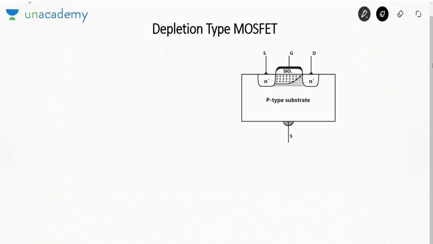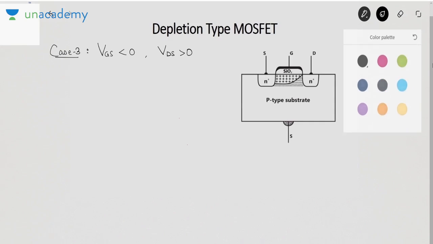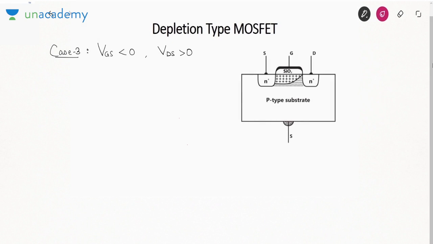Now let us take another case, case 3. Case 3 is when VGS is negative and VDS is positive. Now when VGS is negative, that means you are applying negative voltage here. So this gate cannot inject any current due to oxide layer, right?